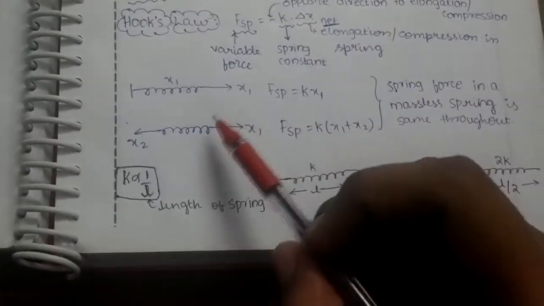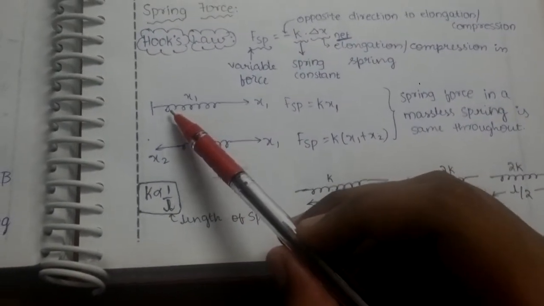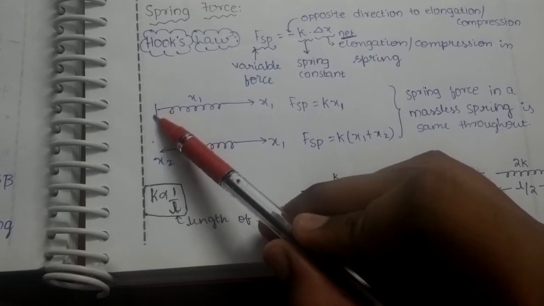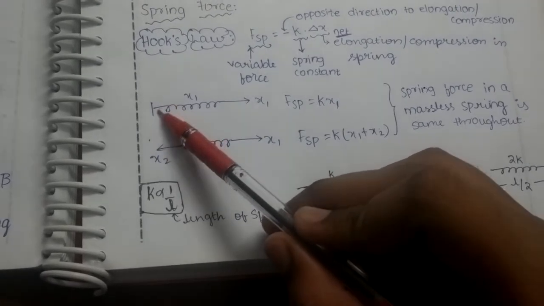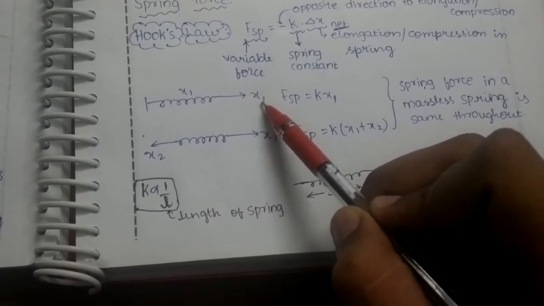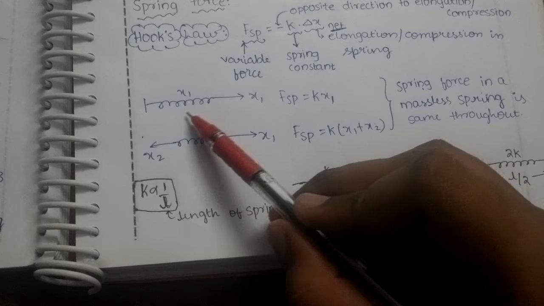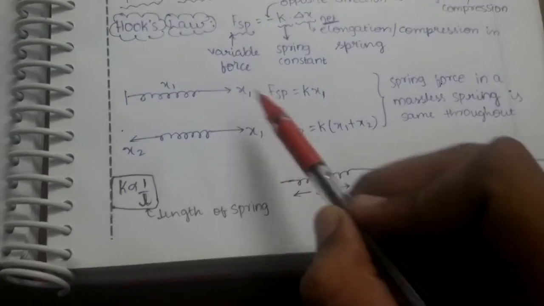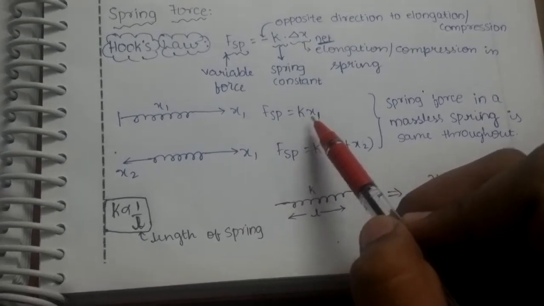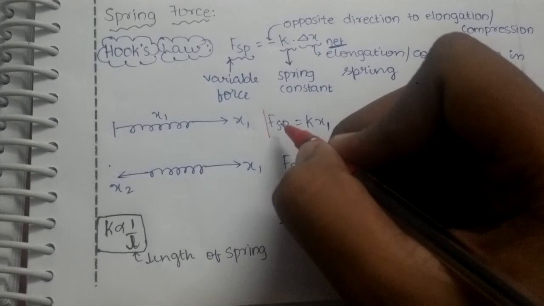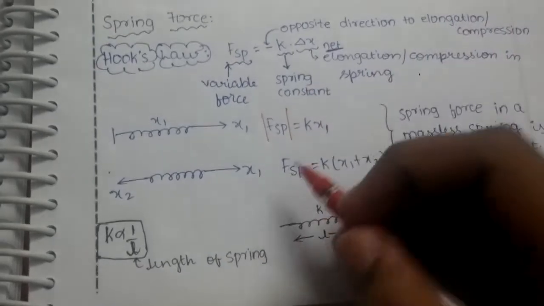Let us take a few examples to get the concept clearer. This spring is attached at one end, which is fixed. This is the elongation x1. This spring has been elongated x1 units from its natural length. Then we get Fsp is equal to Kx1. This is not Fsp, this is actually the magnitude of Fsp.